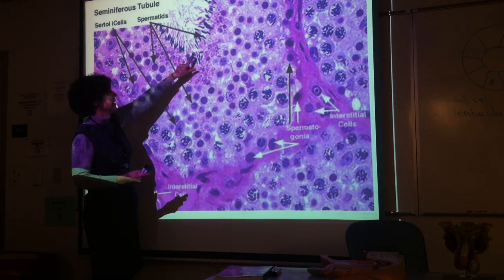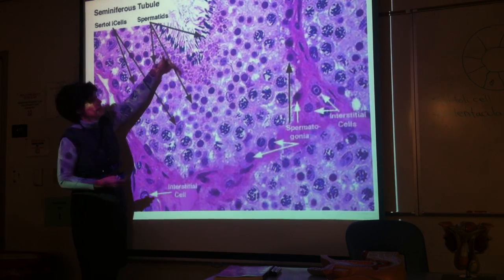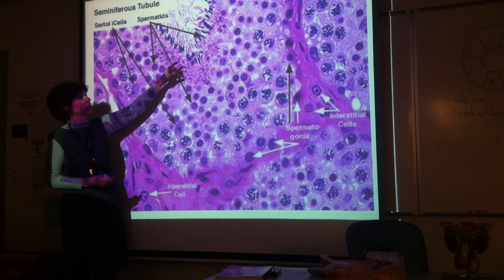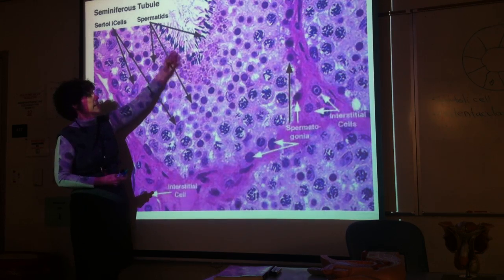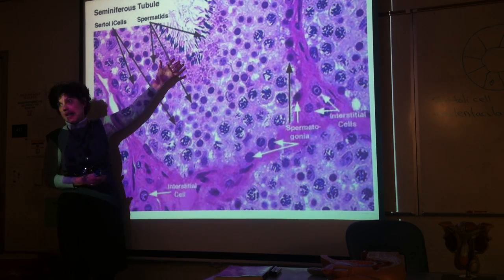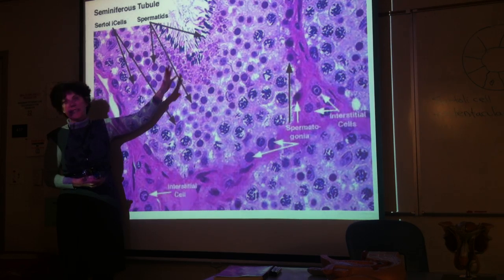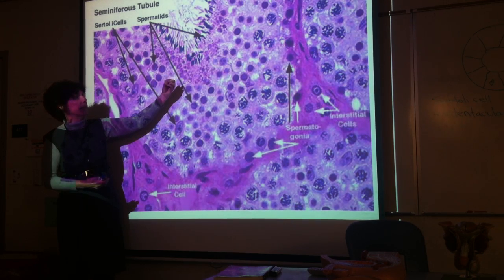See these angled heads? They're still embedded, associated with the sustentacular cell. They're not free in the lumen. So as long as we see them in this relationship, like an ostrich with its head in the sand, they're late spermatids. Okay? They have the same genetic component as the early, but a different physical appearance.